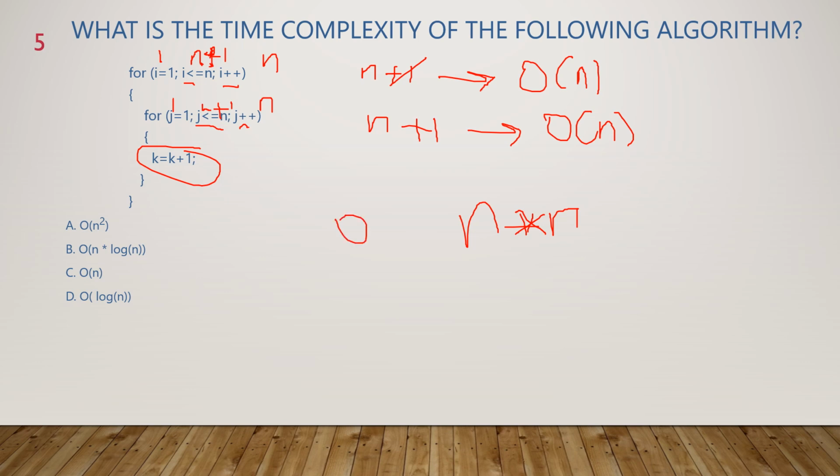That means n times n, which is big O of n squared. Based on this calculation, the answer is A, that is quadratic.